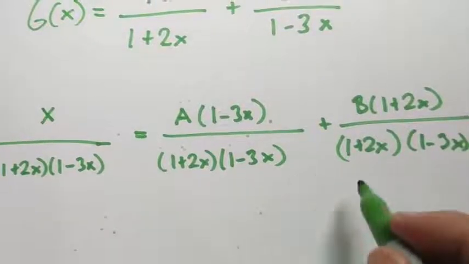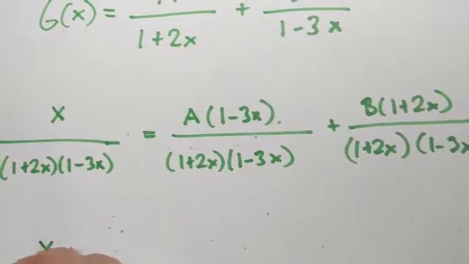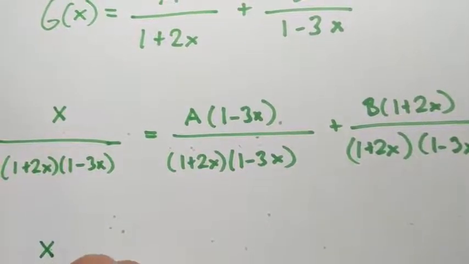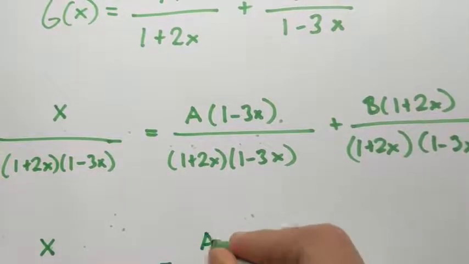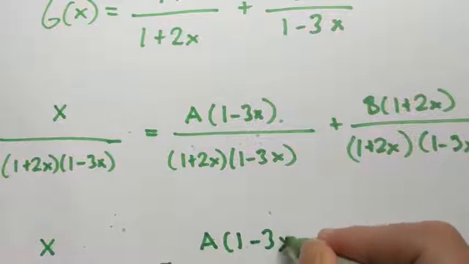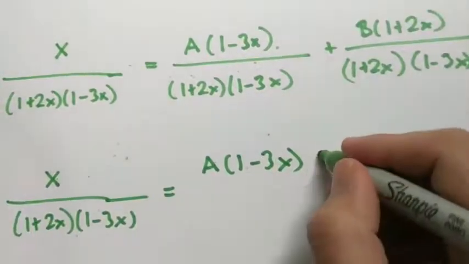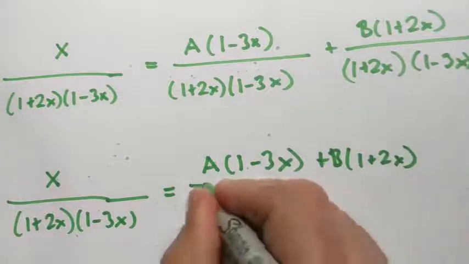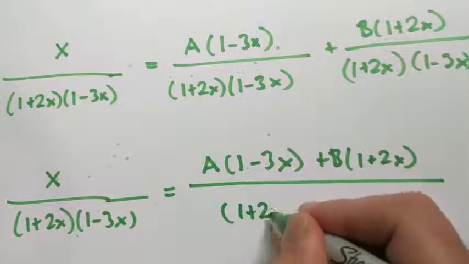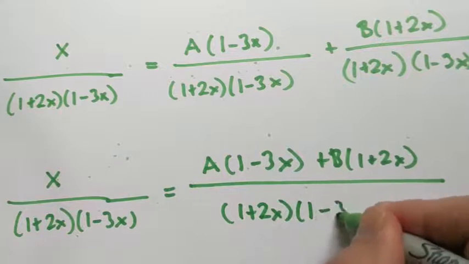So the denominators are equivalent. I have x over 1 plus 2x, 1 minus 3x equals a times 1 minus 3x plus b times 1 plus 2x all over 1 plus 2x, 1 minus 3x.